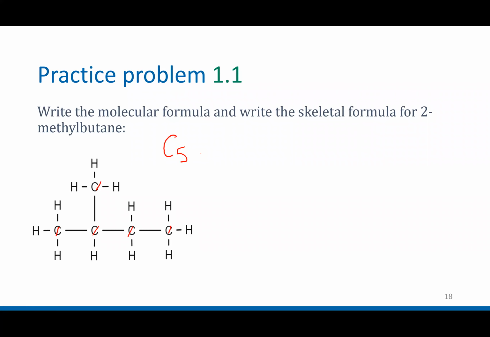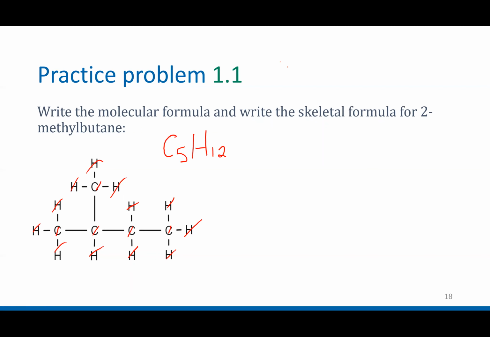I don't really care if you remember that, because we're going to be drawing these, so I can just count. 5 times 2 is 10, plus 2, 12. So let's see: 1, 2, 3, 4, 5, 6, 7, 8, 9, 10, 11, 12. Perfect. If it wasn't 12, I would have a big problem with my structural formula.